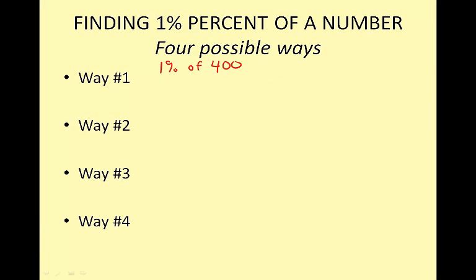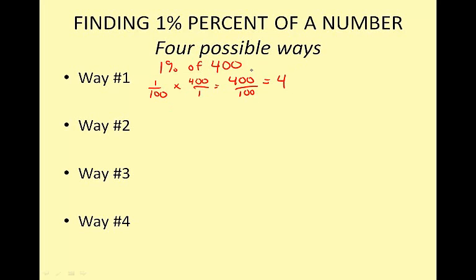Well, the first way, very similar to 6%, is I know that 1% is 1 over 100, and of means times, and I multiply it by 400, I get 400 over 100, which is equal to 4.